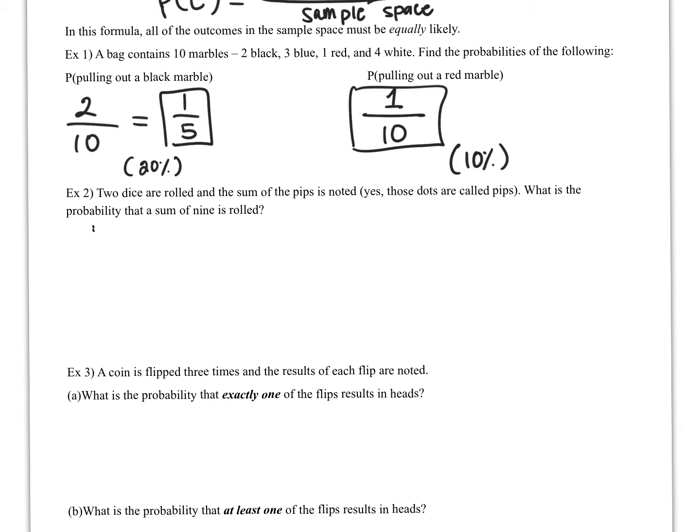So I'm going to draw a little table here. I'm going to call this first row die 1, a single die. And then this one is going to be die 2.